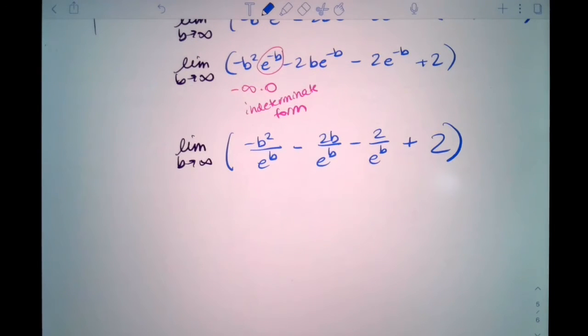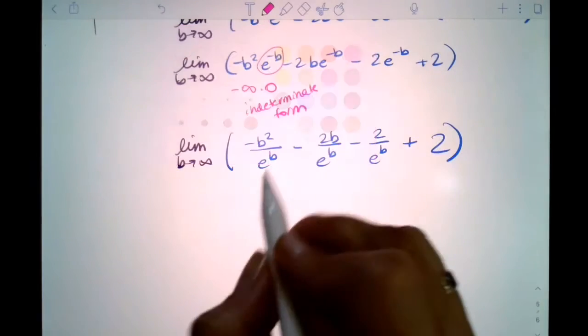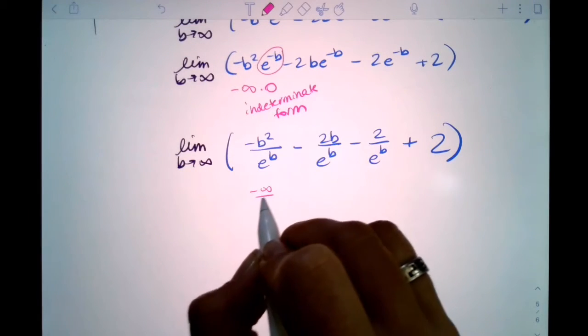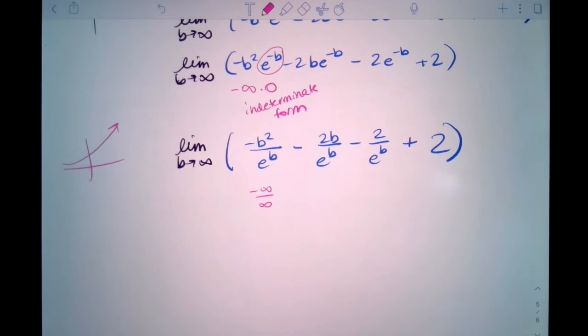So when I go through working this out, I have a little bit of an issue. If b goes to infinity, I have another indeterminate form, right? Because I have negative infinity over infinity. Because remember, here's the graph of e to the x. That goes to infinity.